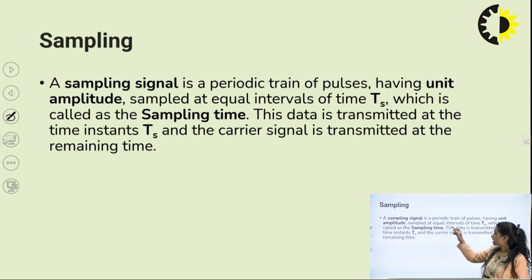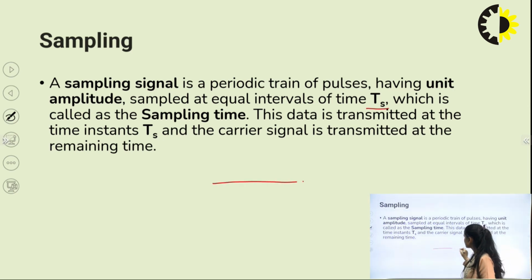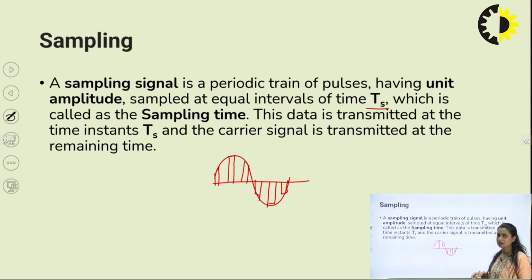Now, a sampled signal is a periodic train of pulses having unit amplitude sampled at equal intervals of time. So it could be understood as simple as that. Taking samples, instead of taking the complete signal, let's take this portion. After some time interval, let's take this portion, let's take this portion, let's take this. So I'm taking samples of the signal, right?